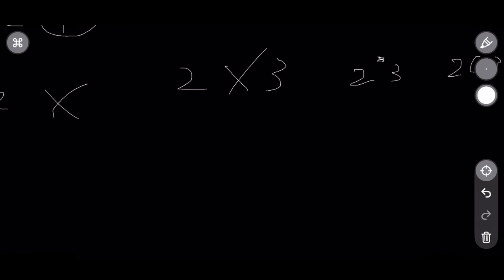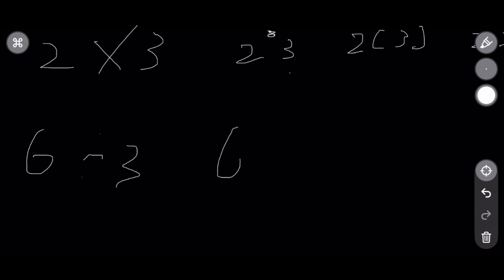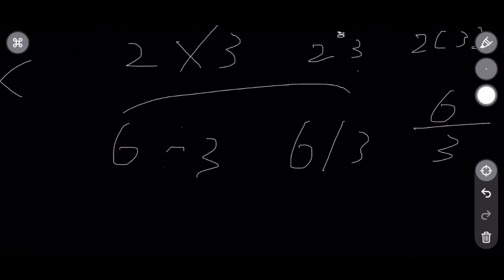Now, division. 6 divided by 3. Okay. That can also be shown as 6/3 or as a fraction. Typically, as you get into higher and higher tiers of math, you don't really see these two.